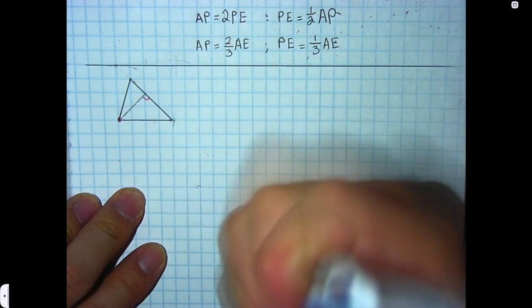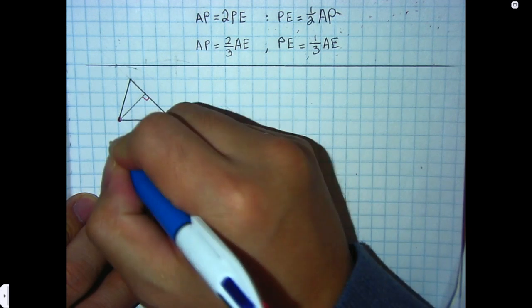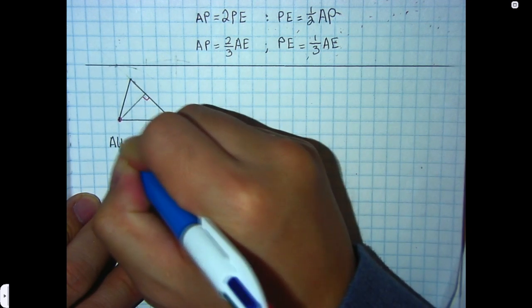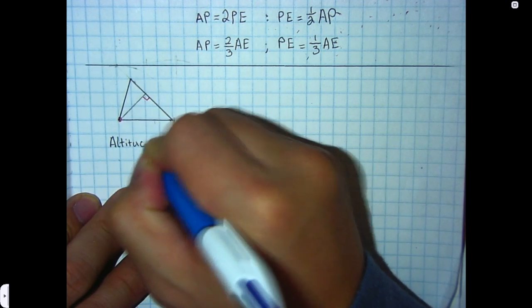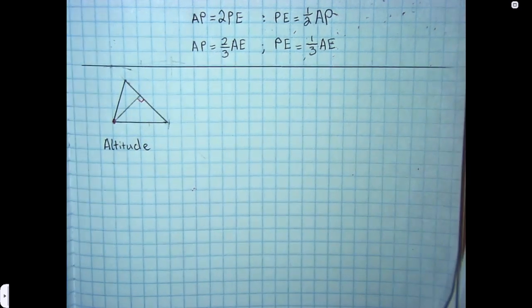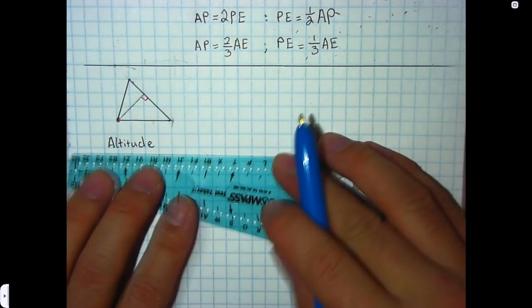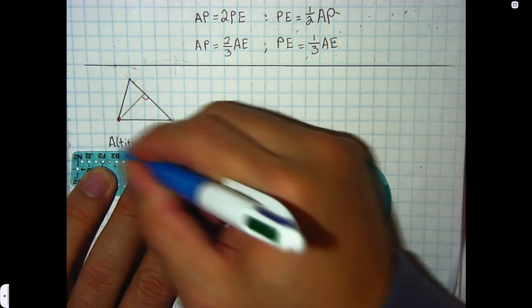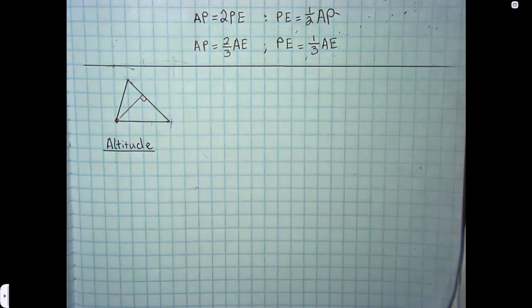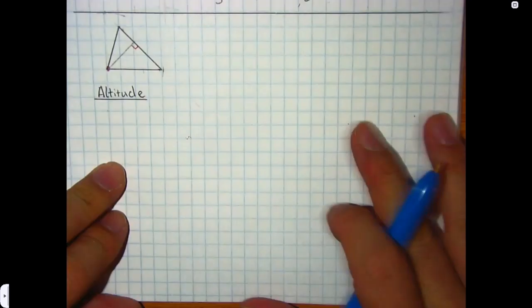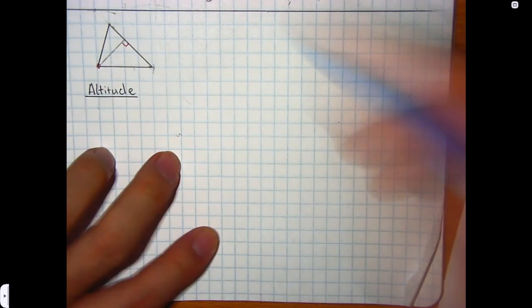Altitude. Okay, this is the main idea. So one segment gives us an altitude, and similar to the median, three segments give us something else.